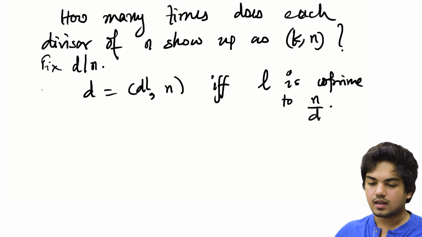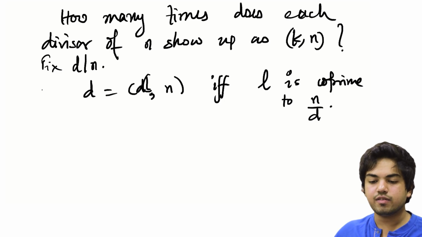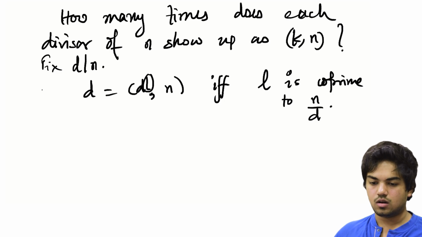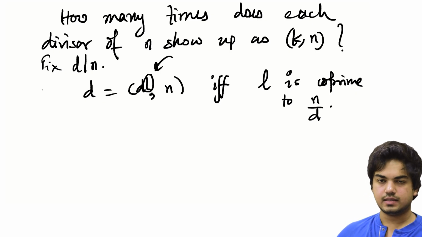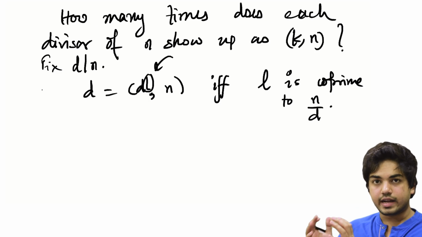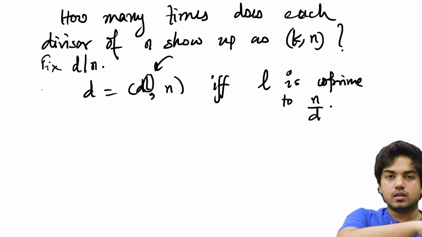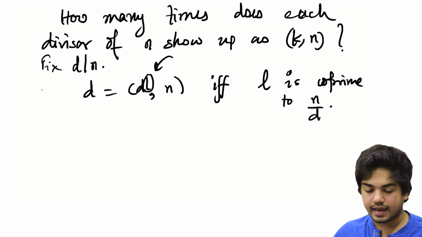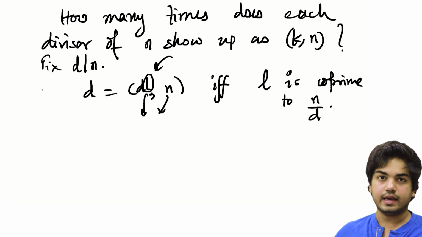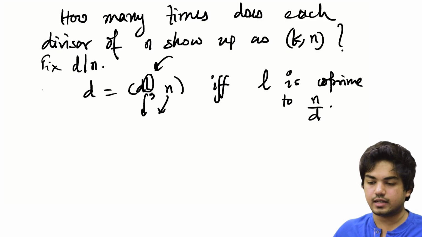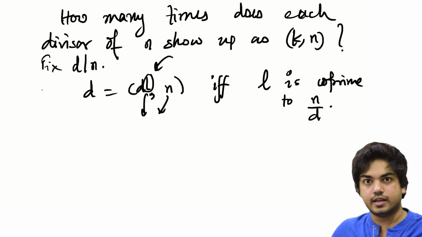It's because I don't want any new factors of n to show up in L, if that makes sense. d is already a factor of n. Now, whatever is remaining, I don't want it to show up in the common divisor. So whatever L is, I don't want it to share any new prime factors with n.